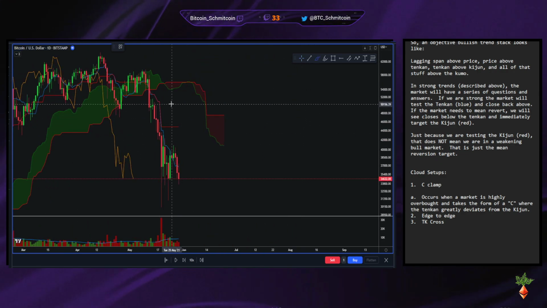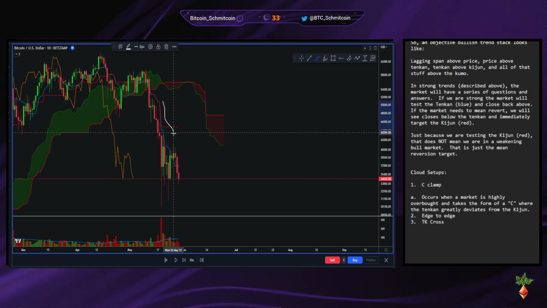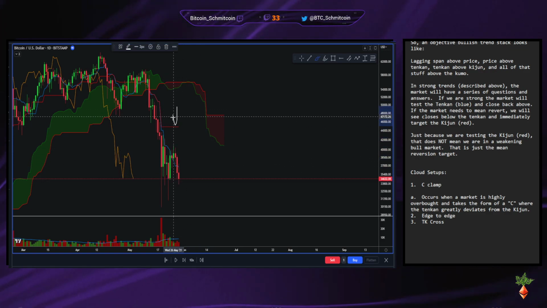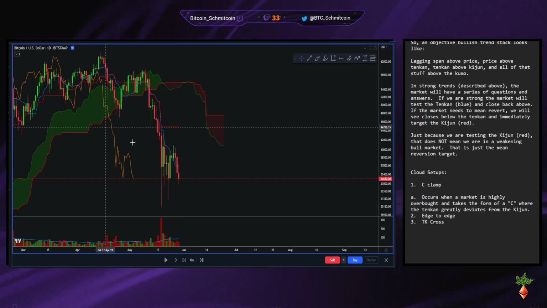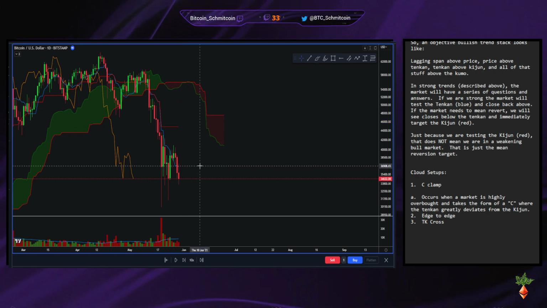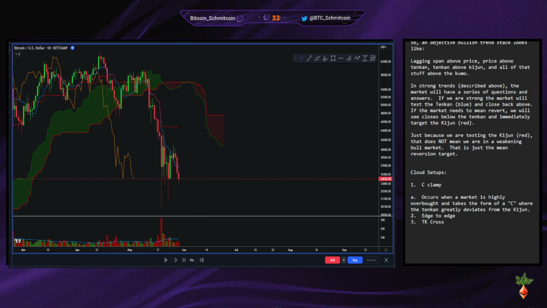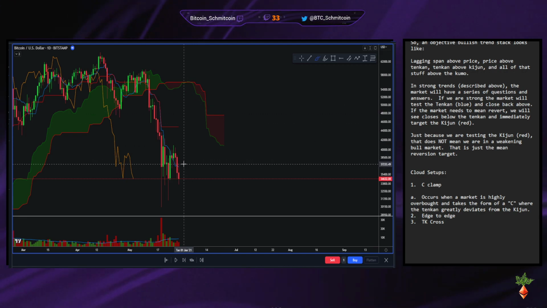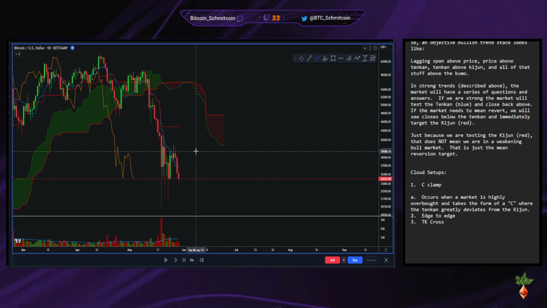The Kijun stays flat and it stops trending with the Tenkan, and then the market will target this. Now, if the market is super bearish or super bullish, it won't even meet that target. So when we look at something like this, we need to approach this with a target in mind, but obviously manage your risk on the trade.